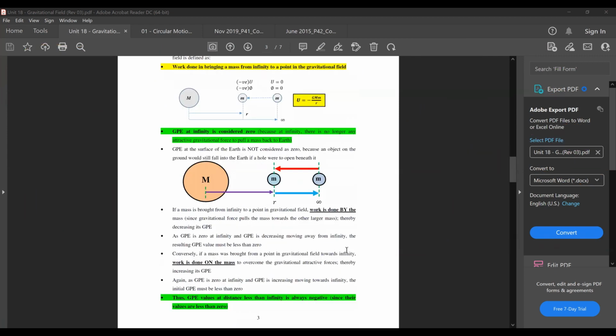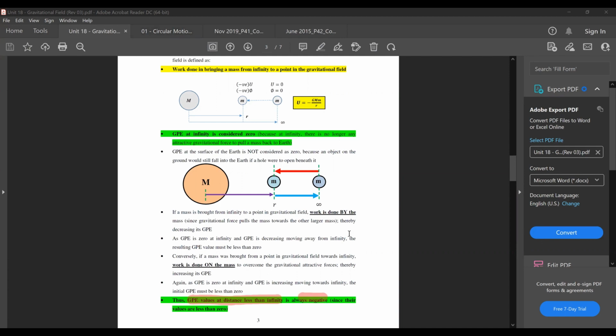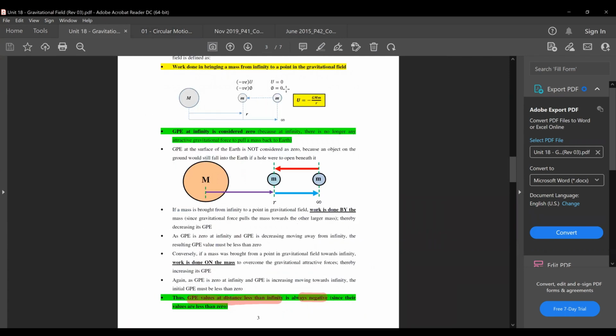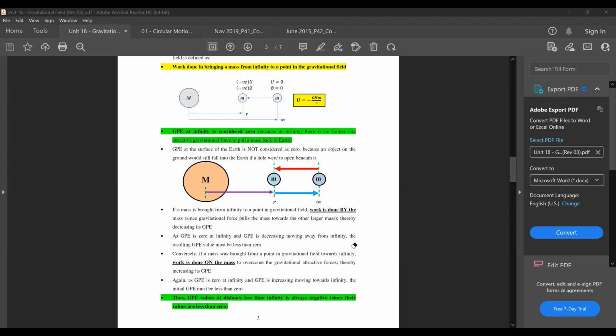Now, when you're talking about GPE values at a particular point, GPE values at less than infinity will always be negative. There's a reason why we say that GPE values will always be negative. You can look at it in a number of ways, in two different directions actually. What do I mean by that? Say for example, you have a mass at infinity right over here.